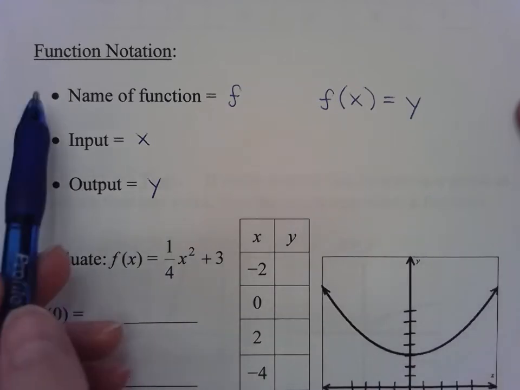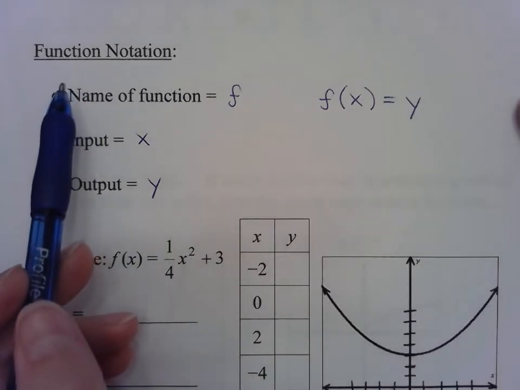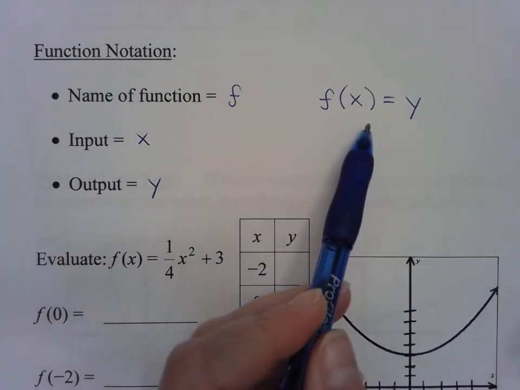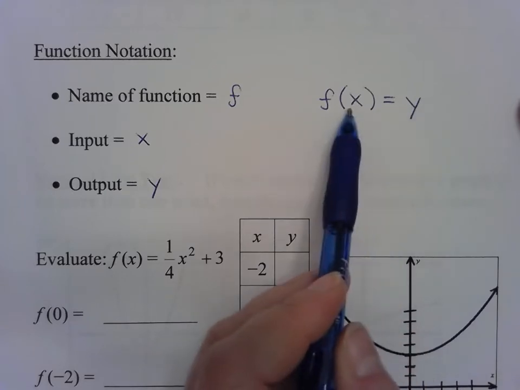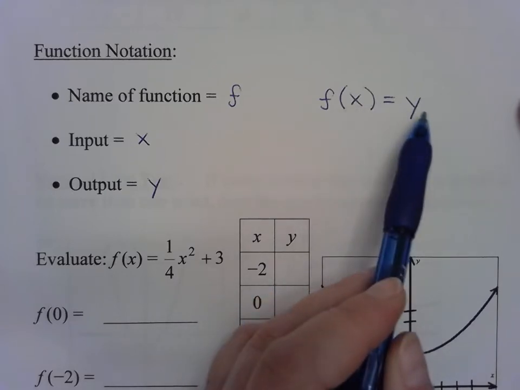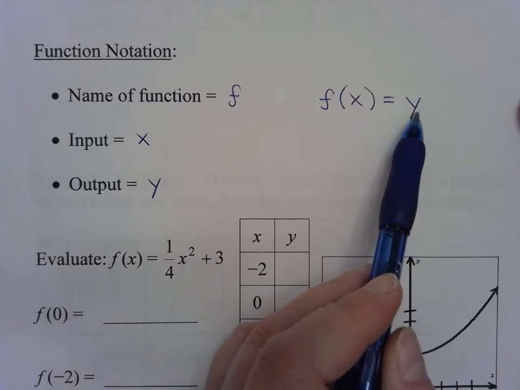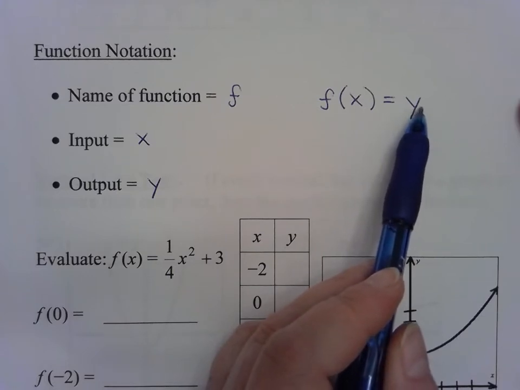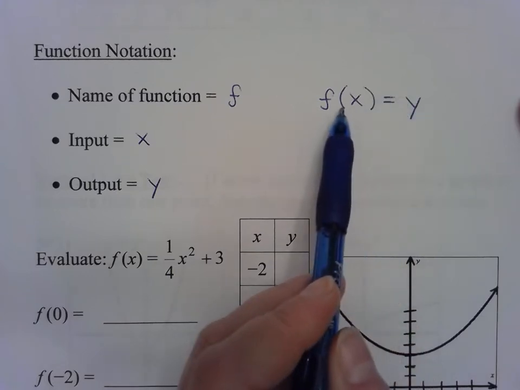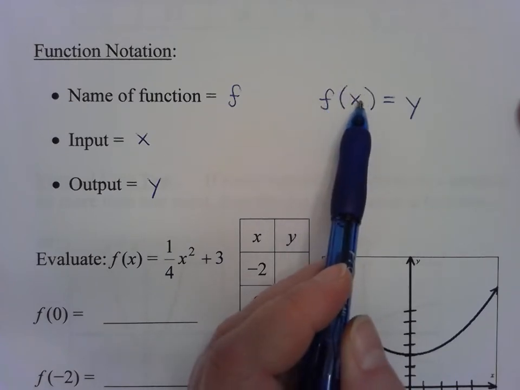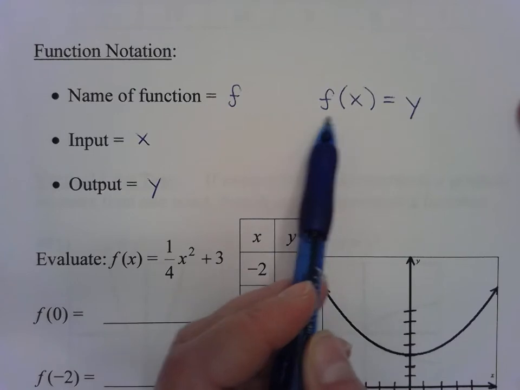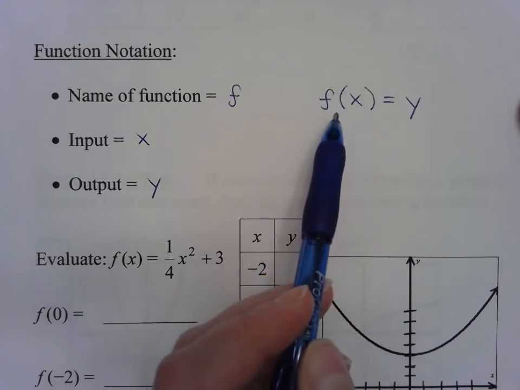Because we use this function notation, it is kind of declaring, hey, this is a function versus any other kind of relationship, but also it's going to allow these two things to be interchangeable. So I can use the variable y to represent the output, or I could use f of x to represent the output, which says when I use this input and this function, f of x is the output I'm going to get.